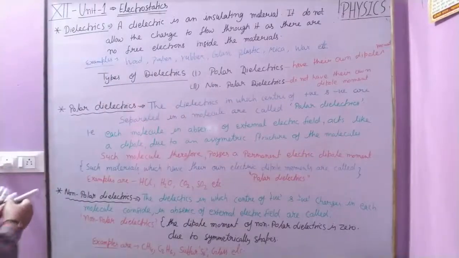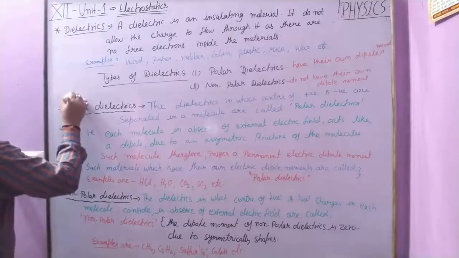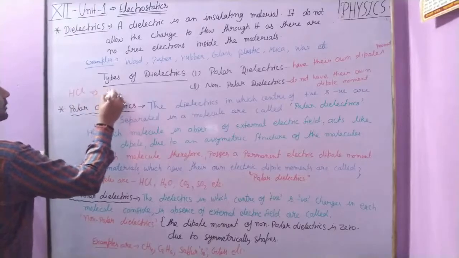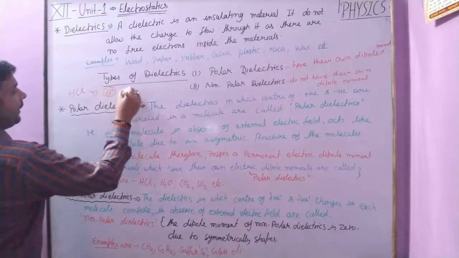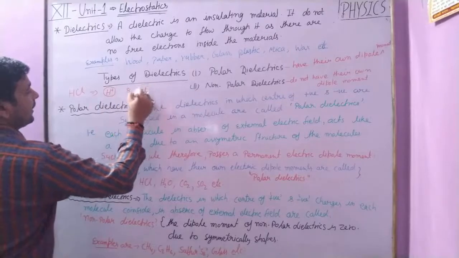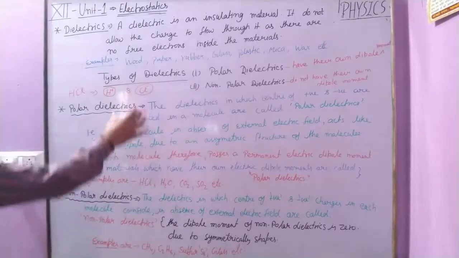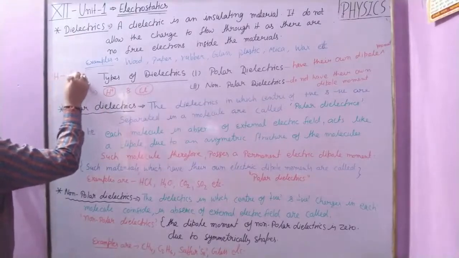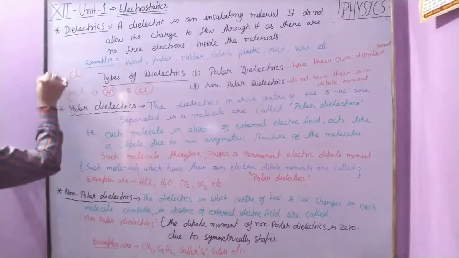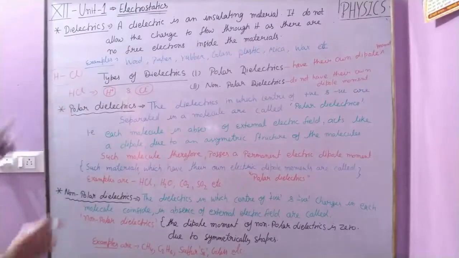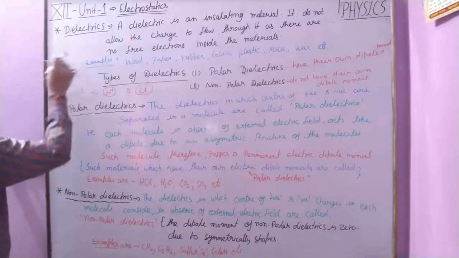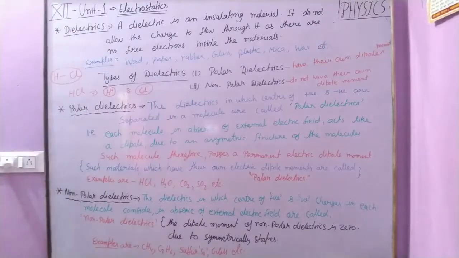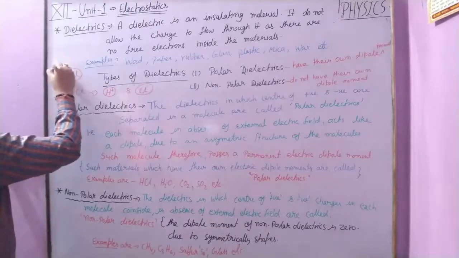For example, if you have HCl, you know that it is made up of positive H plus ion and negative Cl minus ion. Now if we form it, we get a structure like this. This is the molecular structure of a polar dielectric.